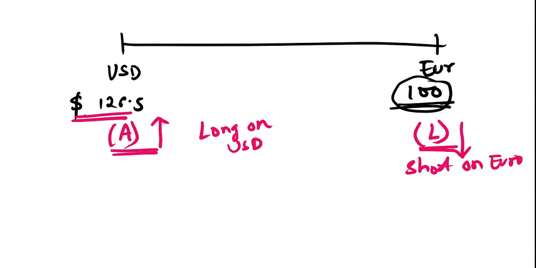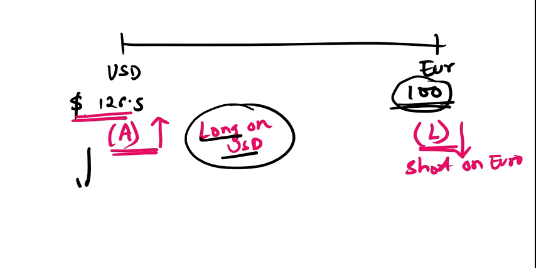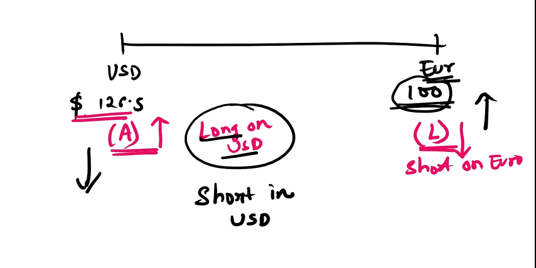Now if I want to hedge myself, I will go against this, because what I am afraid of is that USD will fall. Then what I will do is take a short position in USD. And in case of euros, I am afraid that euros will rise.